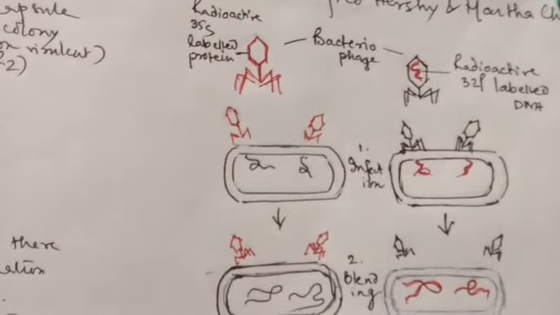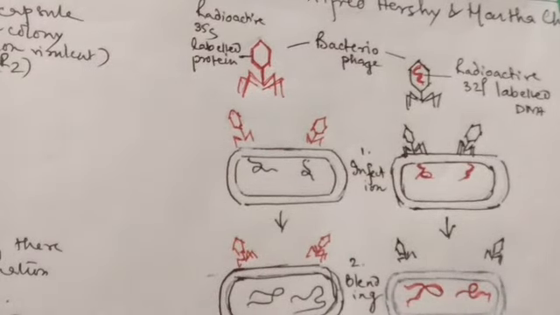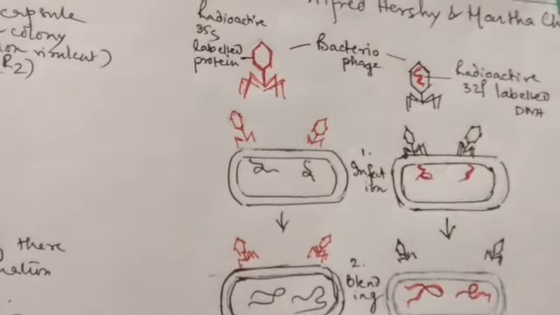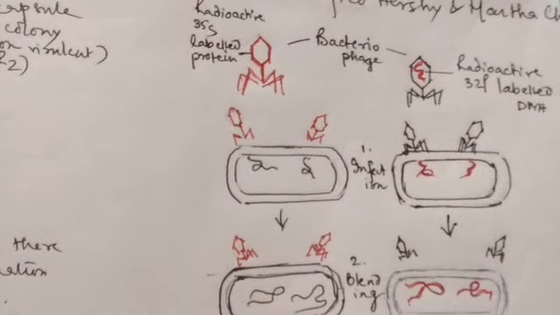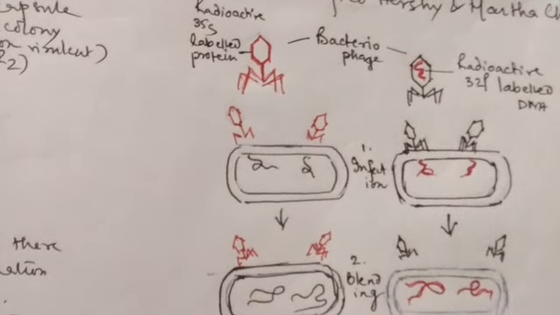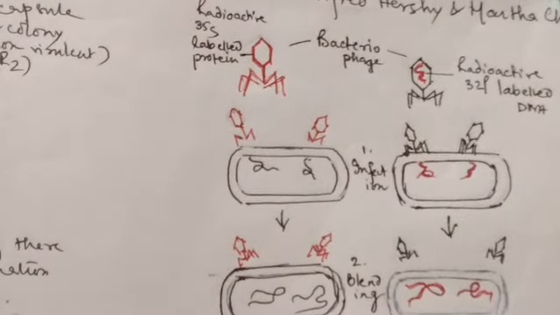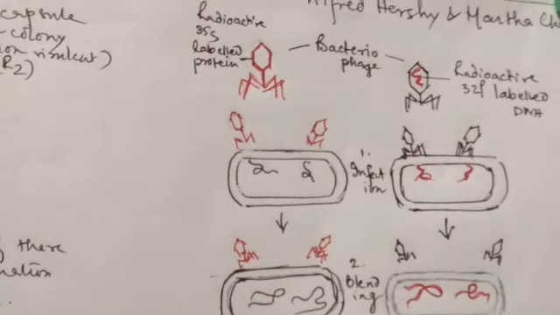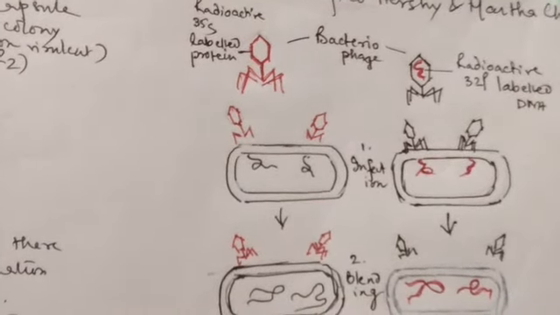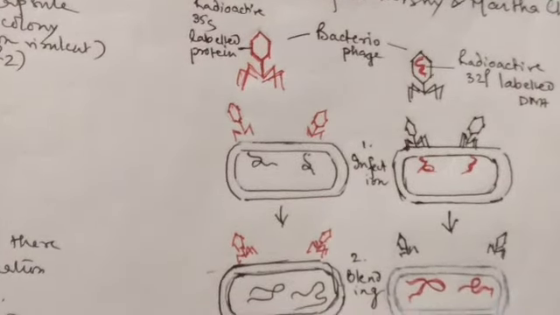Now radioactive phosphorus, 32P, becomes a component of the DNA of the bacteriophage, and radioactive sulfur, 35S, gets incorporated in the capsid proteins of the bacteriophage. The two types of bacteriophage are then introduced to infect the bacterial colonies of E. coli.